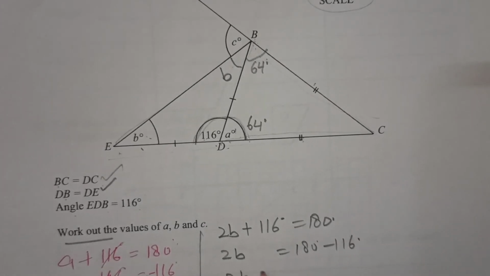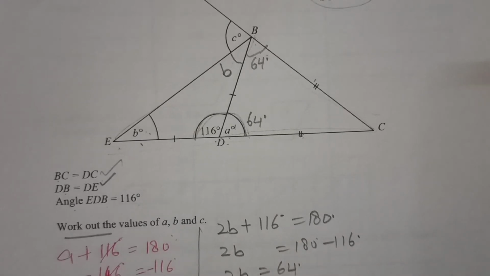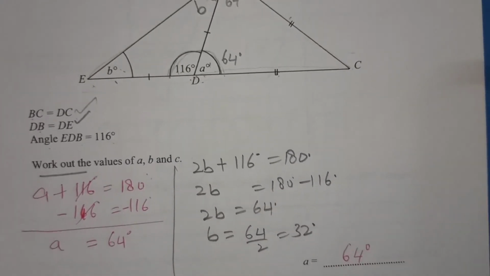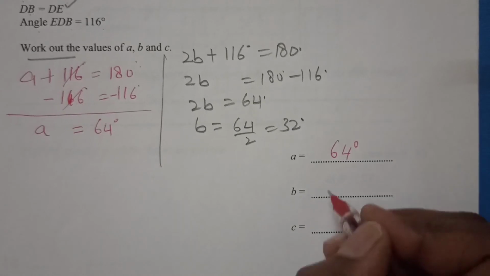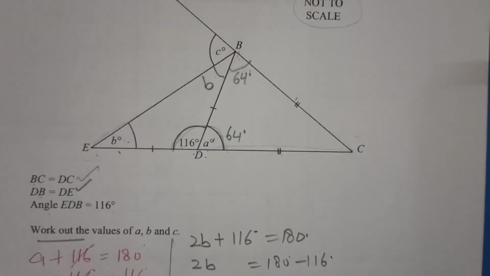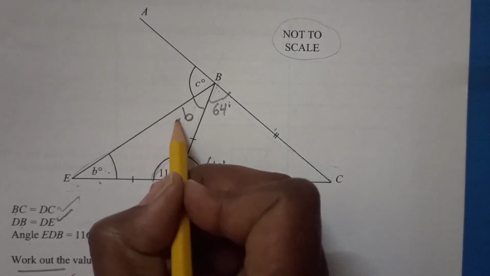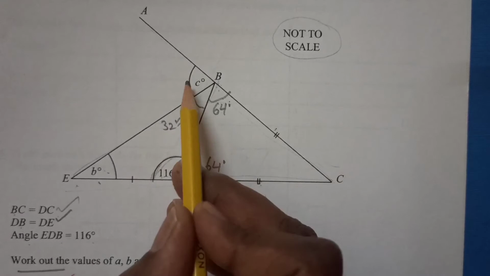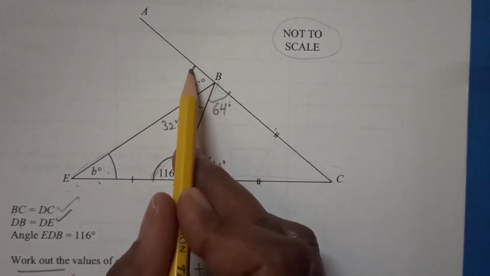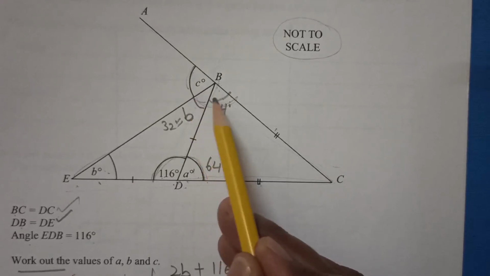So 2B is equal to 64 and B will be 64 over 2, which is 32. So we got B as 32 degrees, right? So we can put here B is 32. Now once we got B as 32, we are looking for C. Now see all these angles, these three angles, 1, 2 and 3.